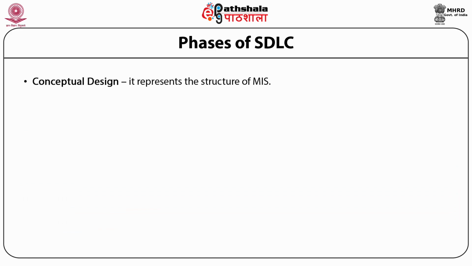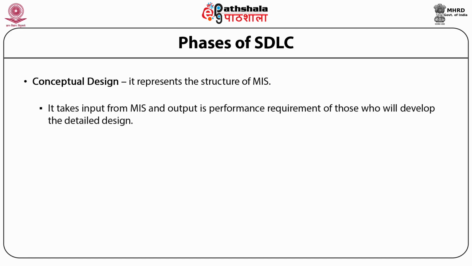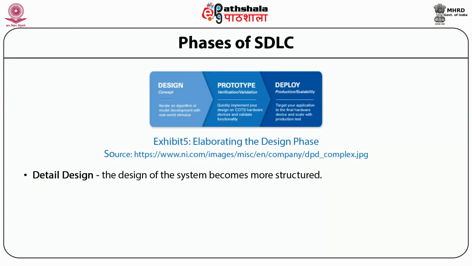Conceptual design represents the structure of the management information system. It takes input from MIS and the output is the performance requirement of those who will develop the detailed design. Detailed design: the design of the system becomes more structured.